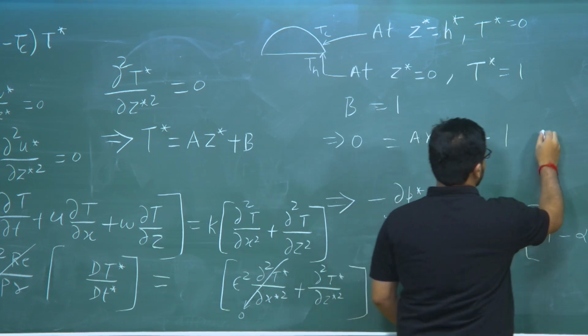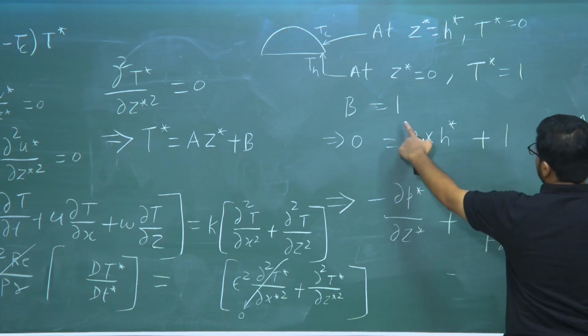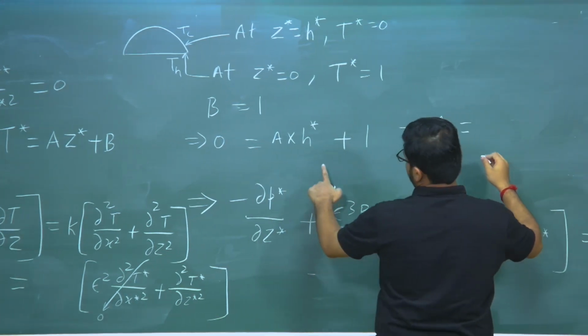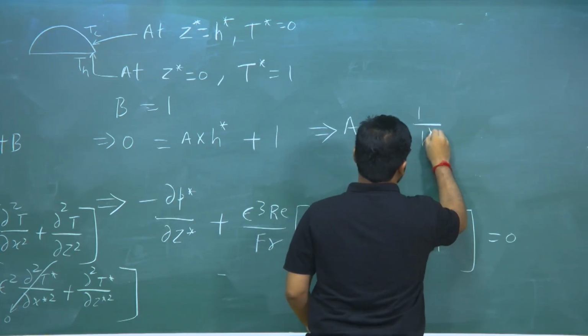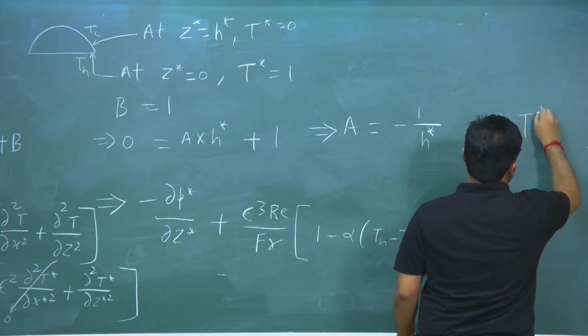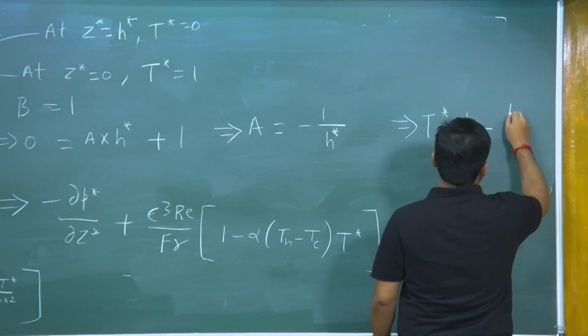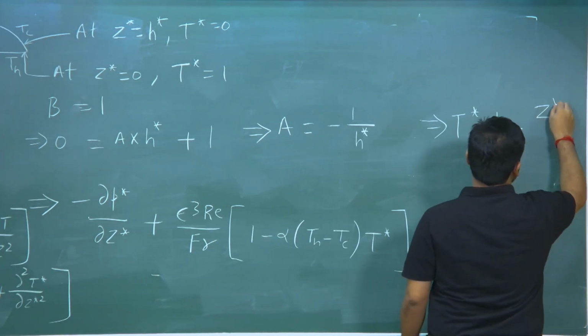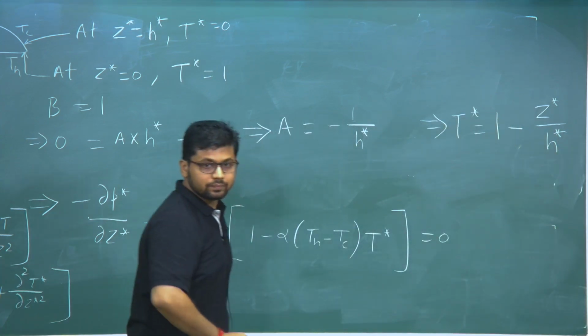So, from here you will get A as minus 1 upon H star. So, T star will come as 1 minus Z star upon H star, right? Yes.